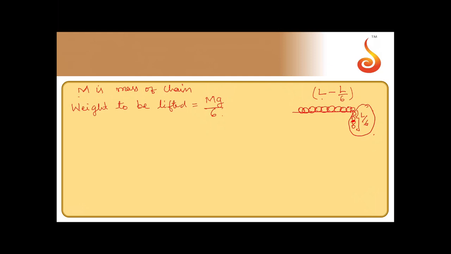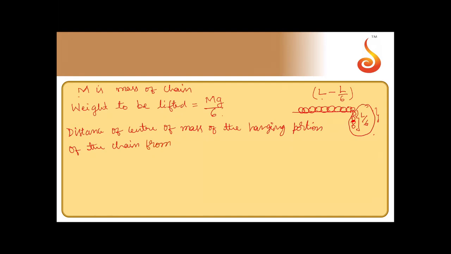So, if this distance is L by 6, then the distance of the center of mass of the hanging portion of the chain from the top of the table should be half of that, equal to half of L by 6, that is L by 12.